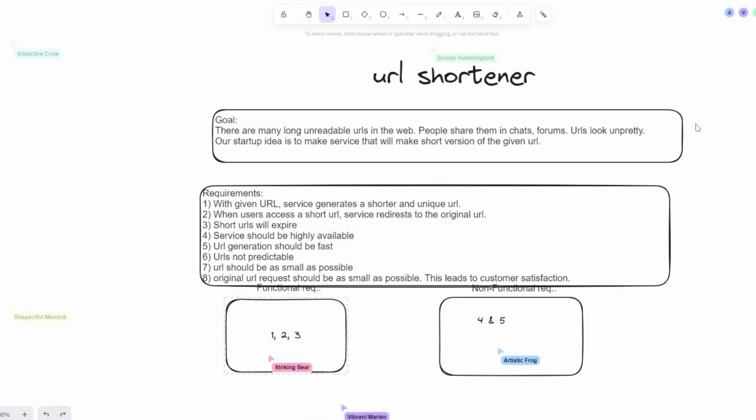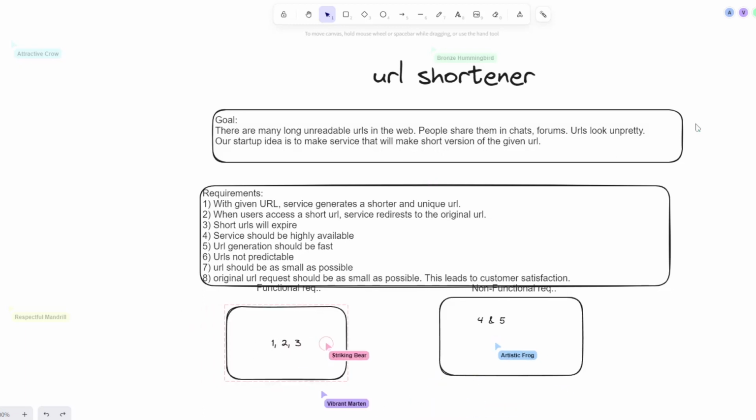The service should be highly available. Yes, fault tolerance can have redundancy or be highly available. These are all non-functional requirements, as well as URL generation should be fast, and URLs not predictable. What about 7 and 8?